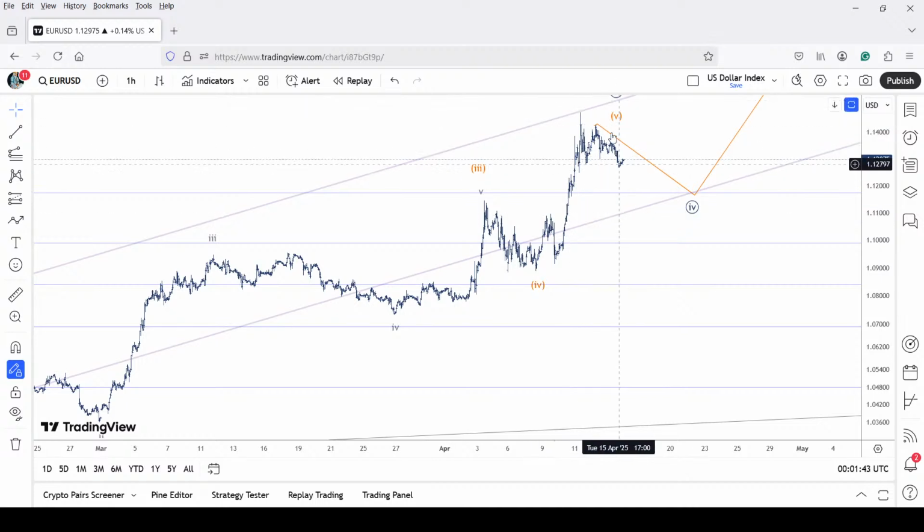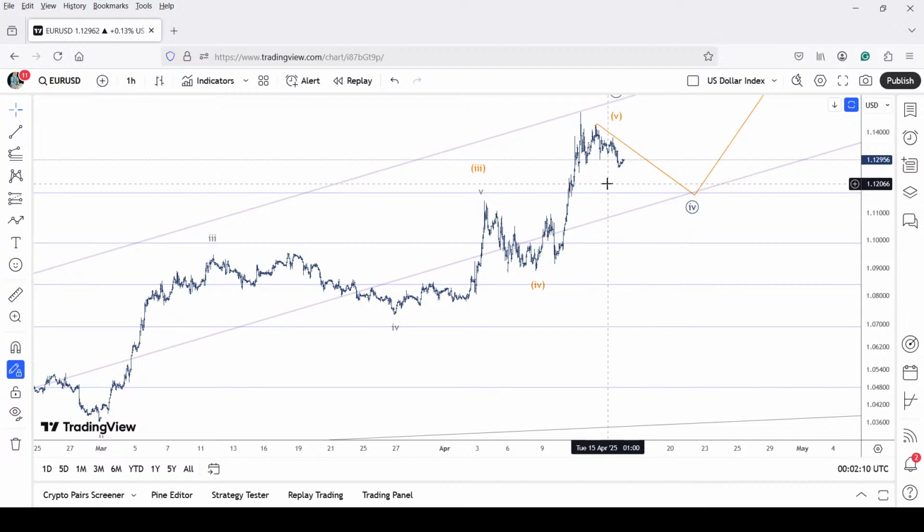And this action, after hitting 1.1475, is another classic example of a corrective wave. You see the tentative movement, three waves down, followed by three waves up, and now if wave C is unfolding, wave C has two forms of unfolding.